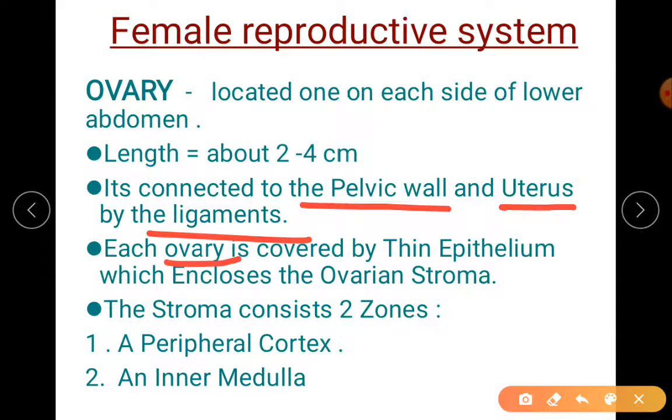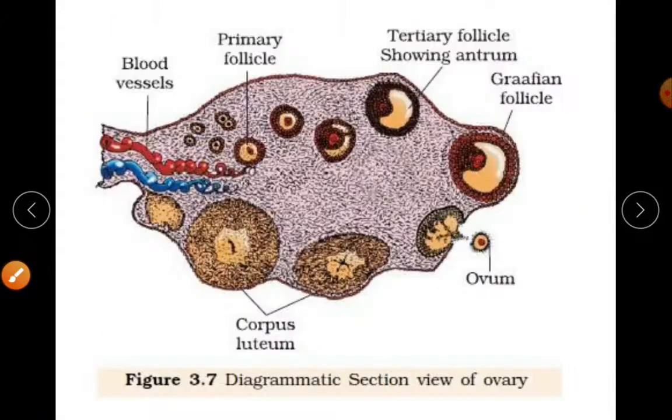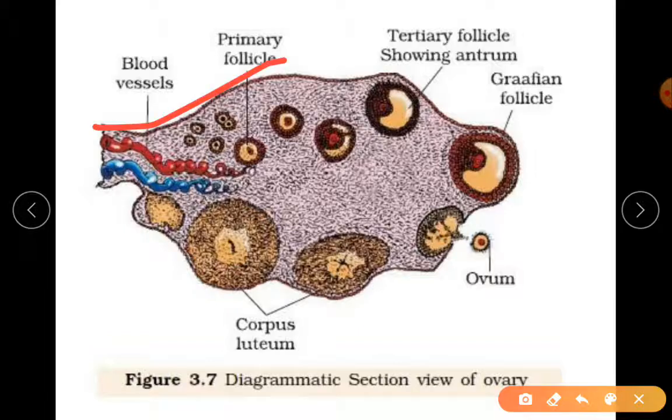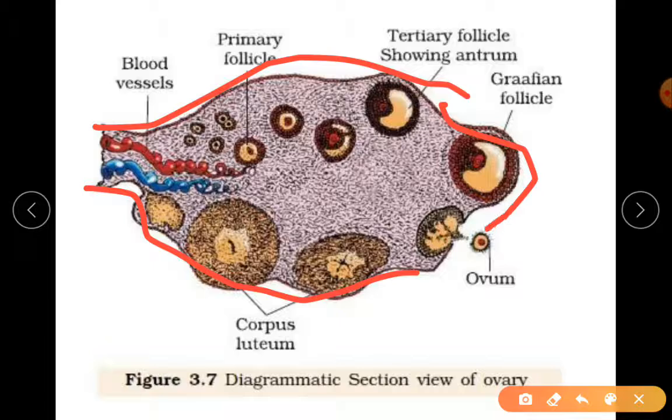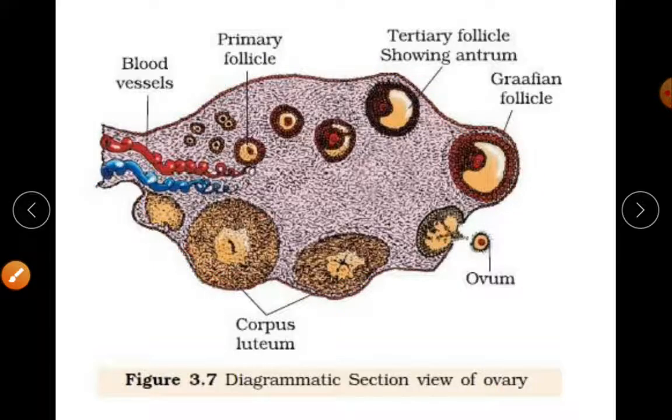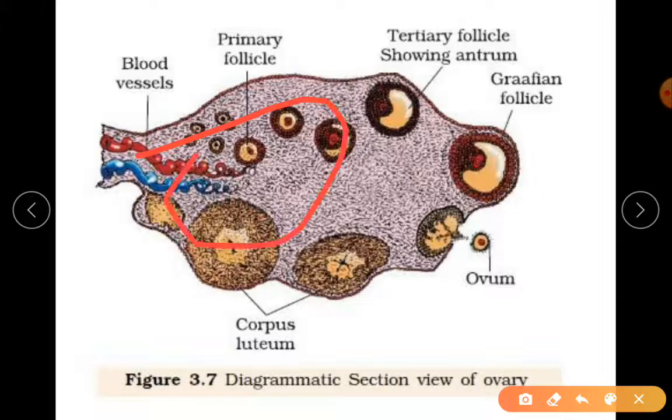Each ovary is covered by a thin epithelium which encloses the ovarian stroma. For this you have to understand the section of the ovary. You can observe here there is a covering, which is the epithelium, and within it is the stroma.